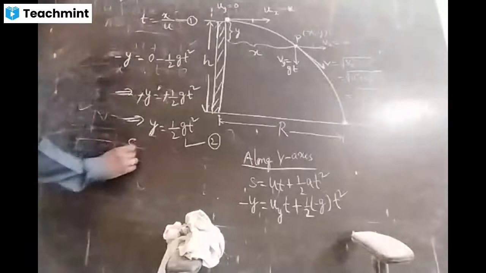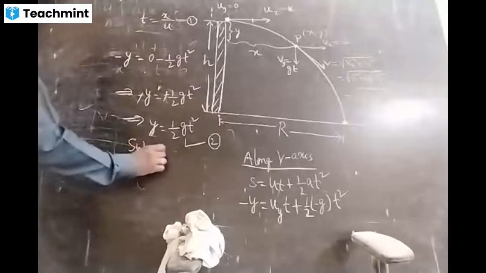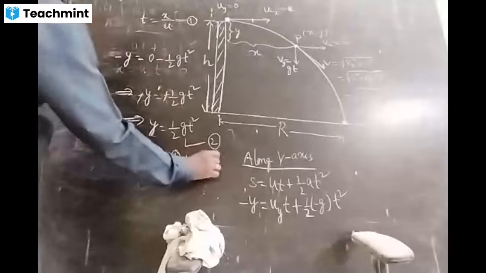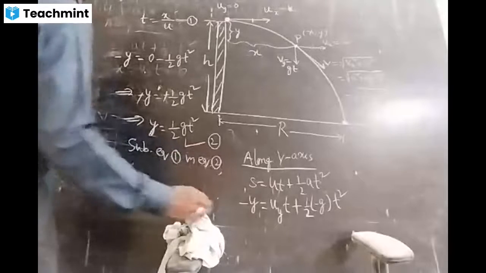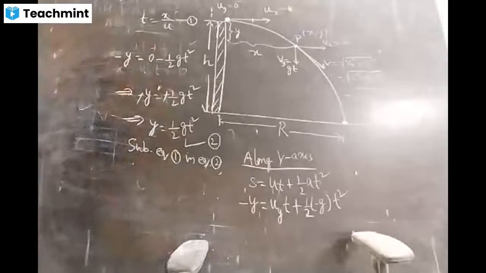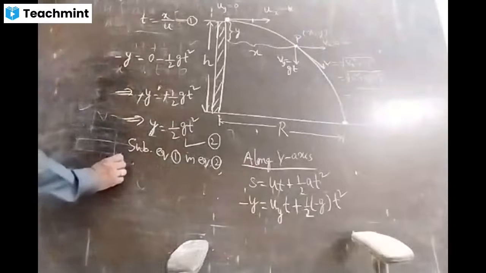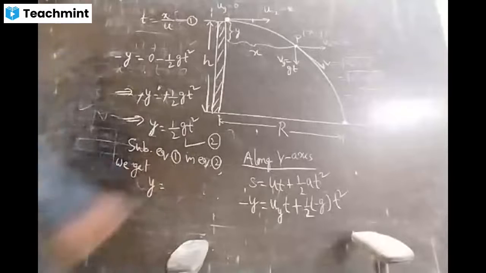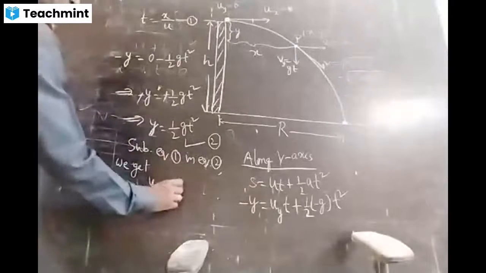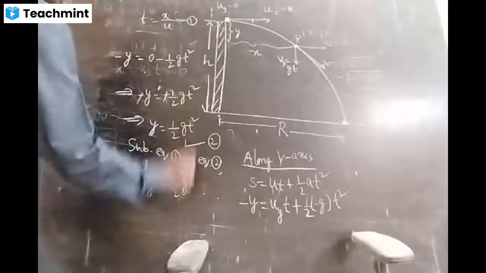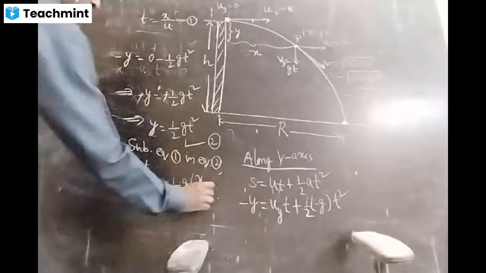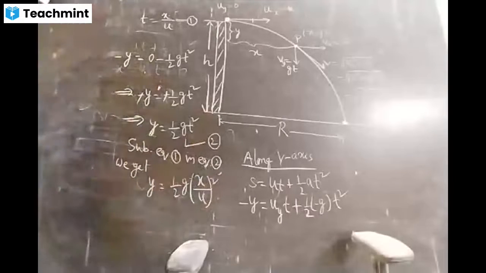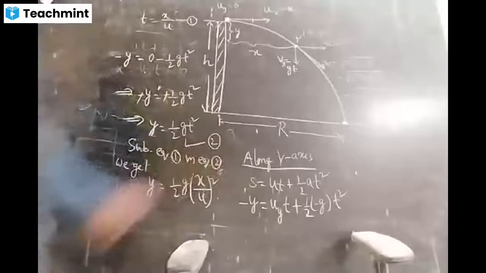Substituting equation 1 in equation 2, we get y is equal to half g into, in place of t I should write x by u whole square.